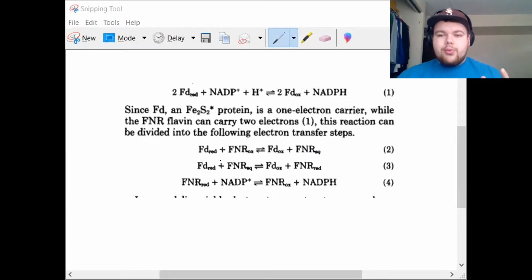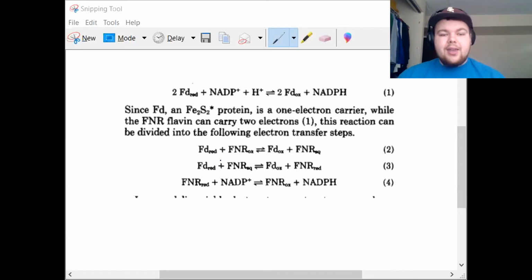So the overall reaction is ferredoxin, which has been reduced. It has already received the electrons, and reacts with ferredoxin NADP plus reductase, which has been oxidized in this case, and it turns into a ferredoxin that is oxidized, and FNR, which is ferredoxin NADP plus reductase, steals one of those electrons.